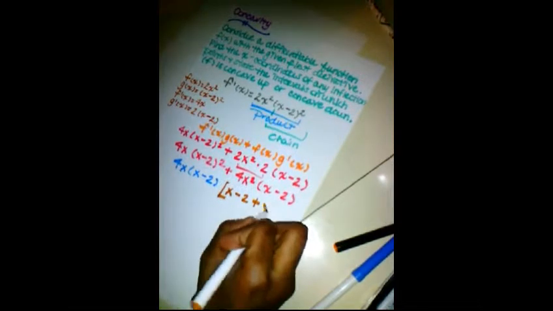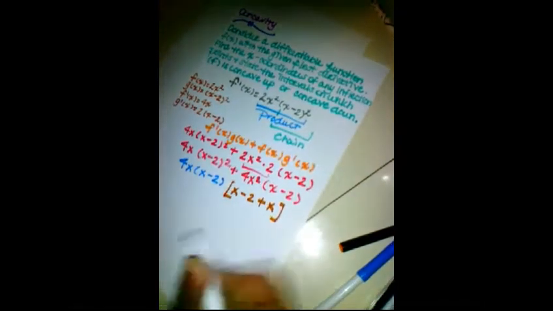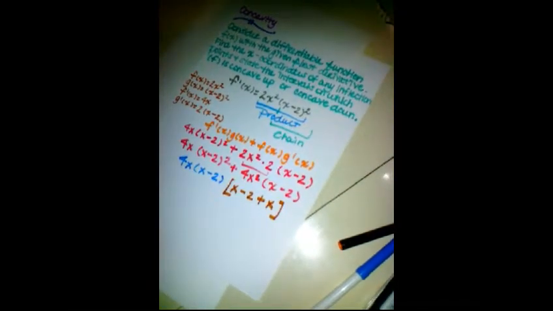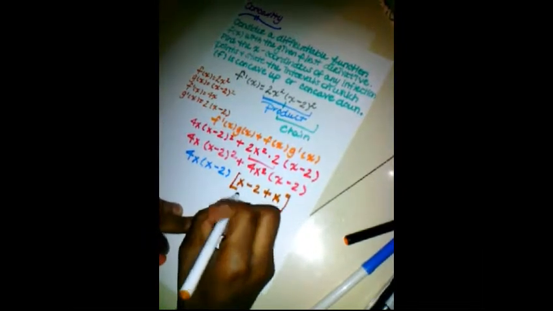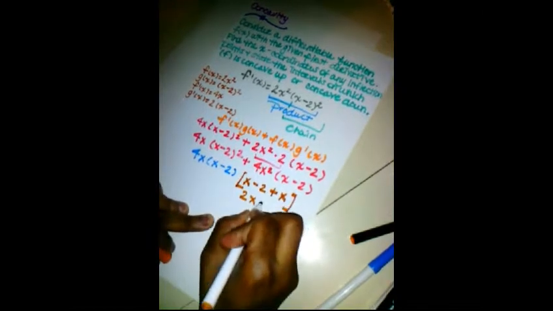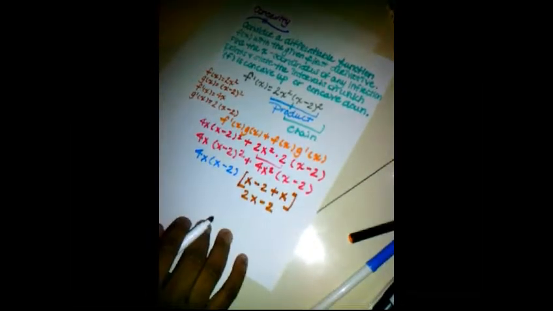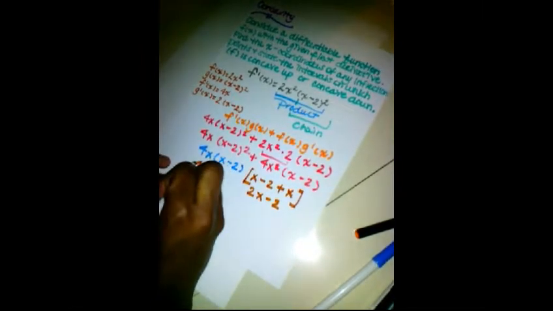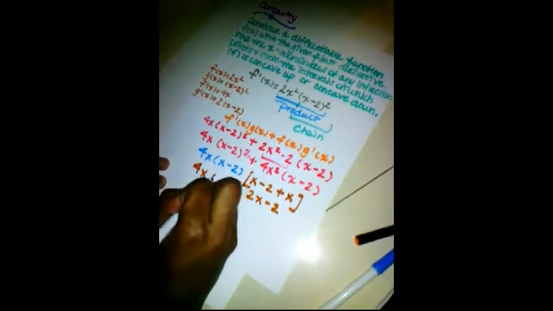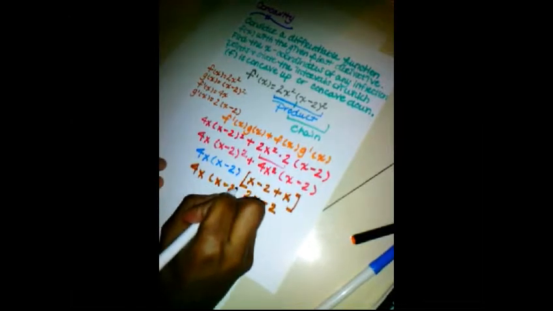So add. Now we're going to combine what's in the bracket, so that's going to be 2x minus 2. Just bring it down: 4x times (x minus 2).